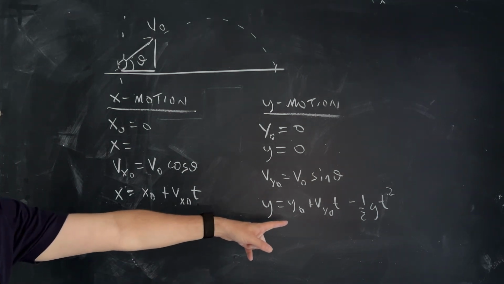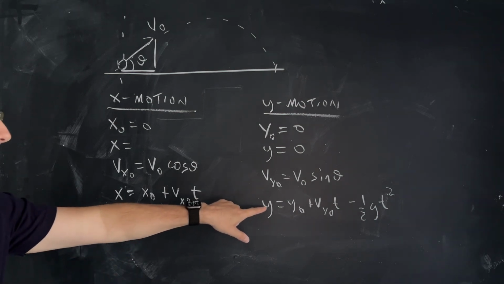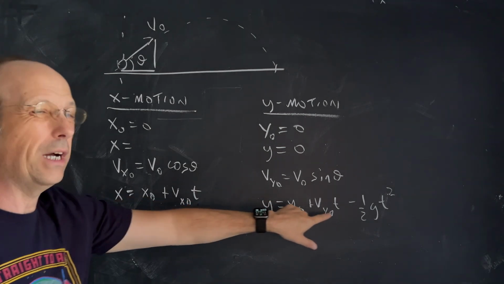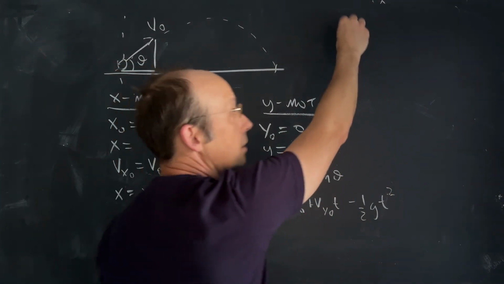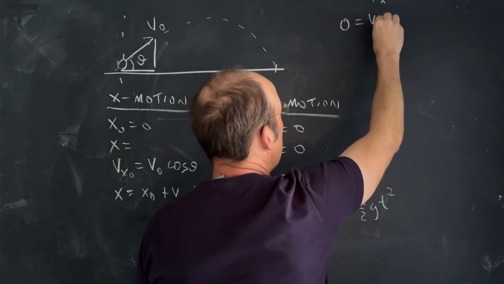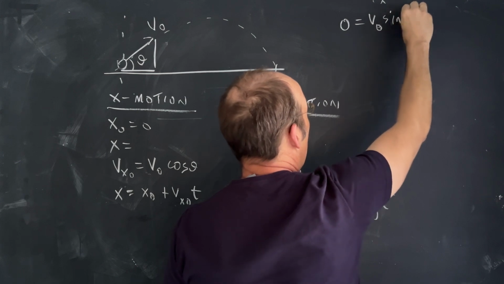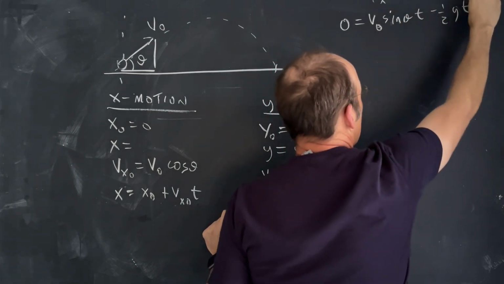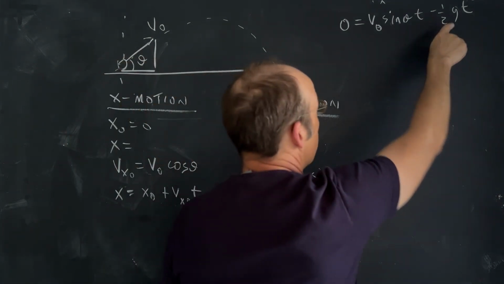Now, I actually can solve this for time and then use it over here. So if I solve this for time, I'm going to put in my value for y and y0, and v0 sine theta for vy0. This equation becomes 0 equals v0 sine theta t minus 1/2 g t squared. Now I'm going to add this term to both sides.